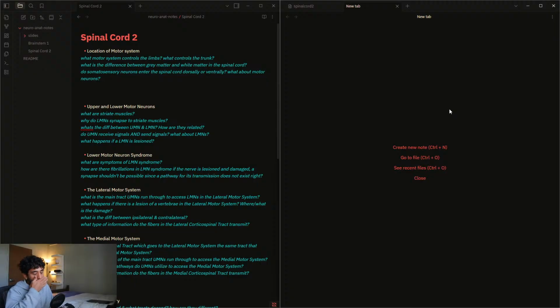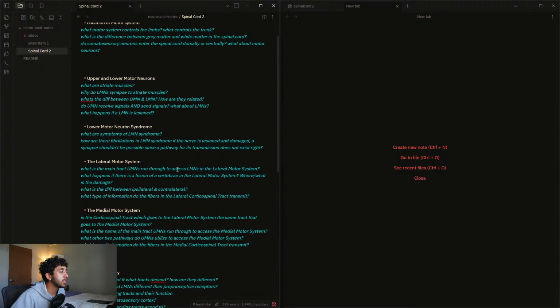We also went over the lateral motor system. What did we talk about for that? I'm sure I have it listed here. The tracts of the lateral motor system.